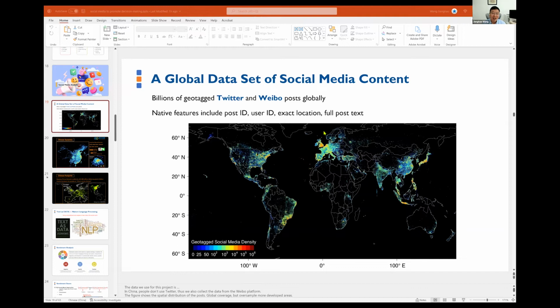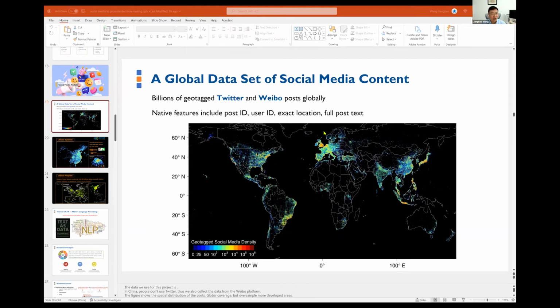When we carry out this kind of social media data analysis, we may spend over 90% of our time in data collection, data cleaning, and data infrastructure, because the dataset is very large.